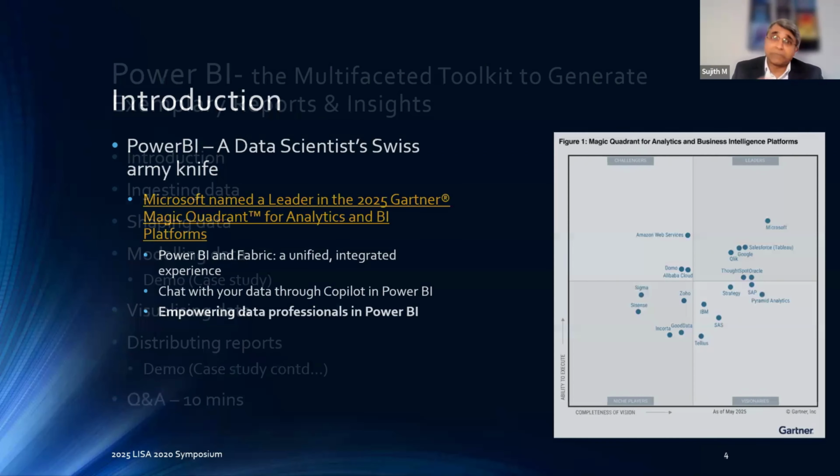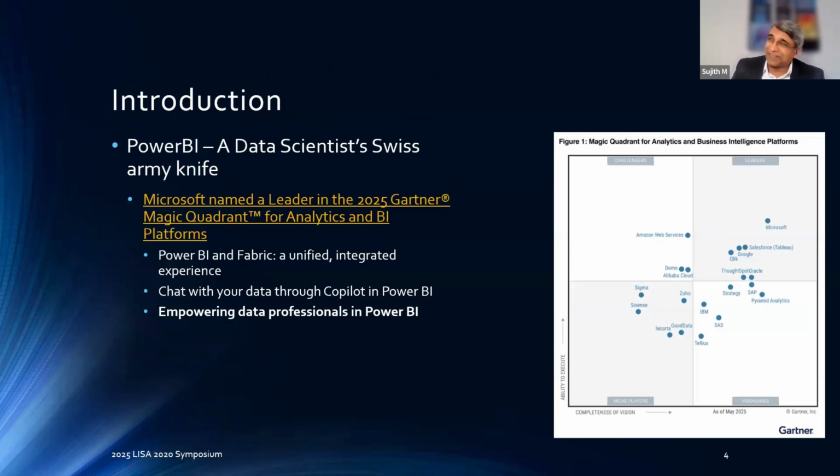All right. So we start with a brief introduction about Power BI and its status in the market. Power BI is being considered as one of the hottest of the low code or no code business platforms. And there are quite a few reasons why it is. What I have shared in here is Gartner's 2025 Magic Quadrant Analysis report on the BI vendors.